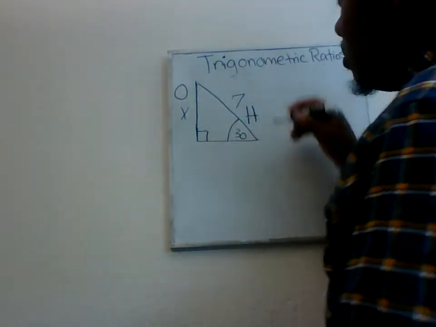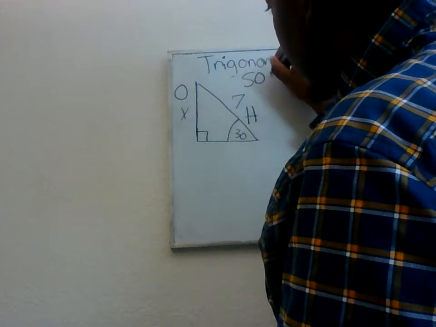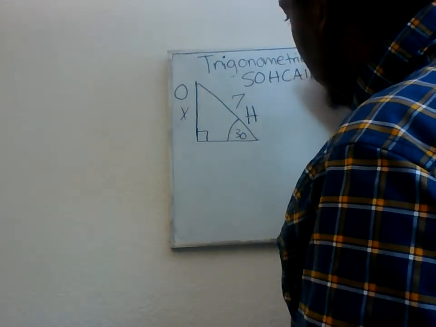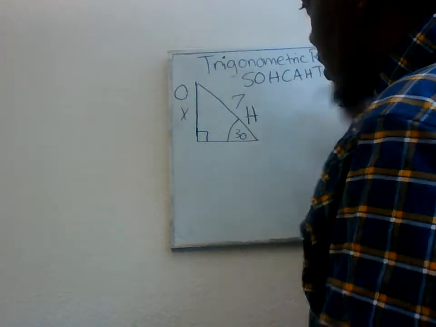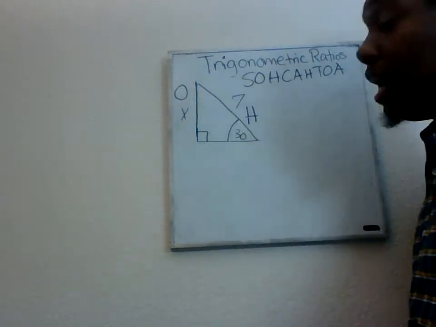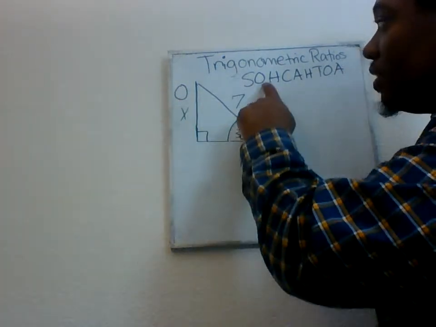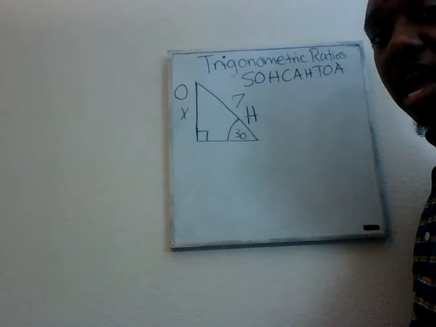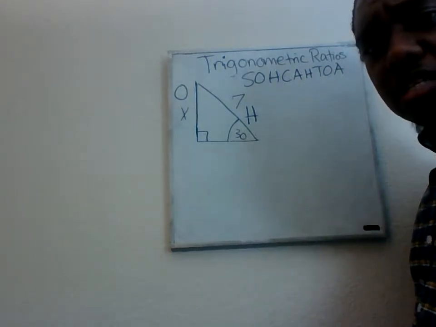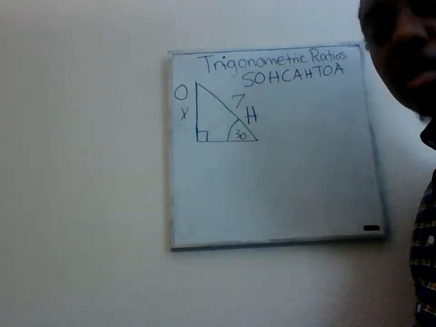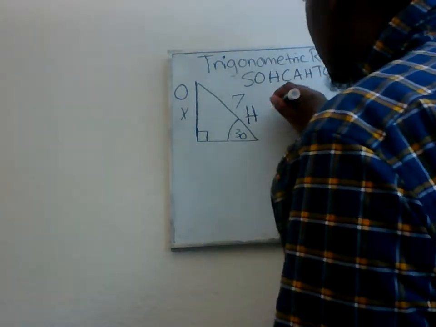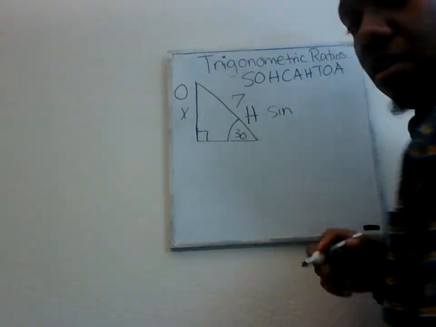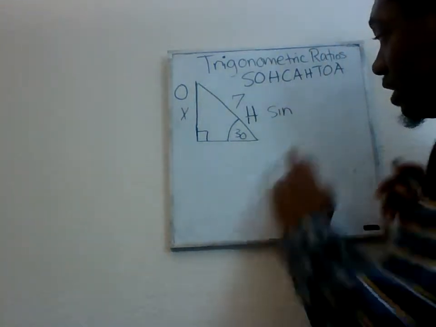But as I told you before, a lot of people use SOHCAHTOA to help them out with that. From this, we have opposite and hypotenuse. That's here with the sine. Now, how am I going to use that to solve? Because I said you have to set up this proportion. Well, we'll set it up. So we get sine of the angle. Every time we've done this before, it has been the angle.